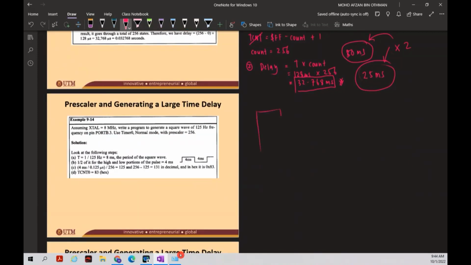First we draw the ATmega32 and this is your PB3.